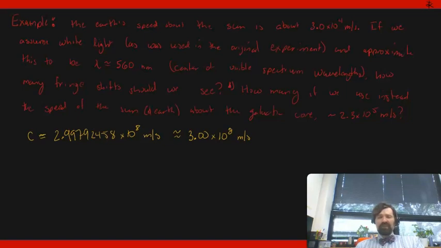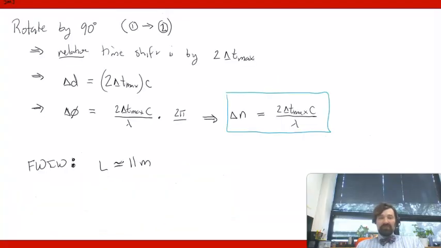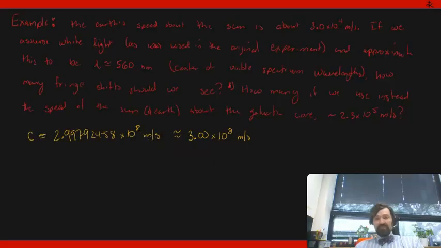So in either case, what we're doing is calculating a delta T max and then using that to step through and calculate the delta N given L equals 11 meters. Let's see how many fringes we predict for each of these two cases, and then I'll tell you how many they actually measured, bearing in mind that they had a precision of 0.01 fringes.